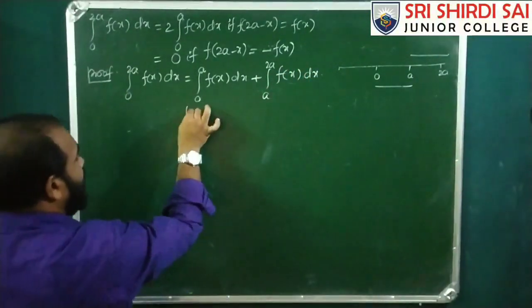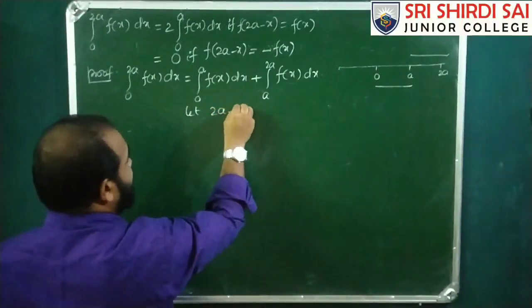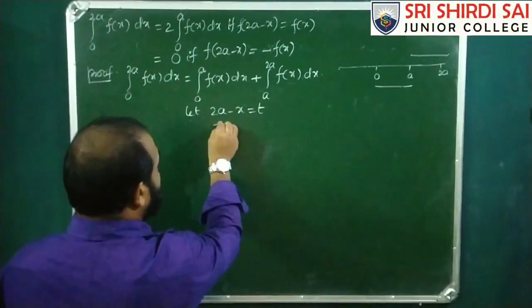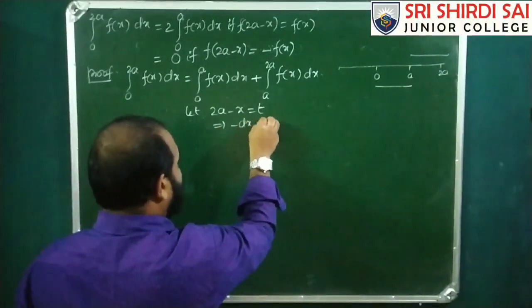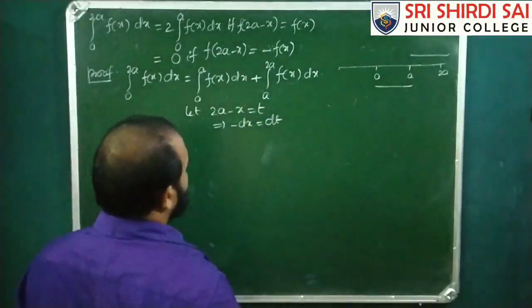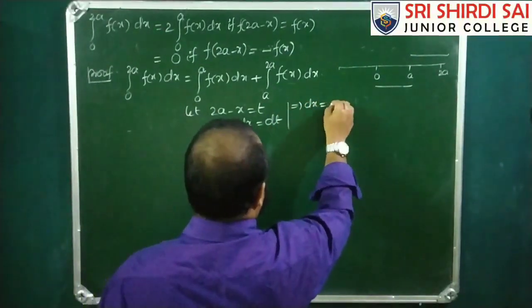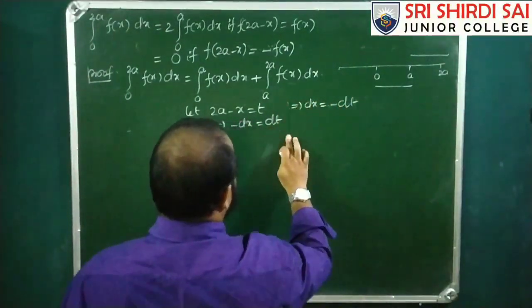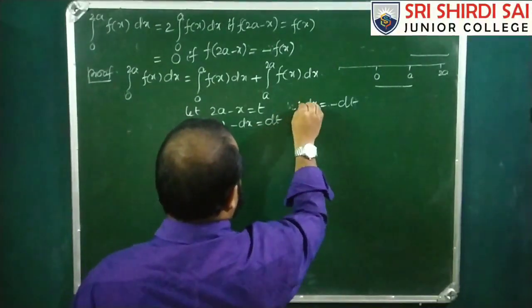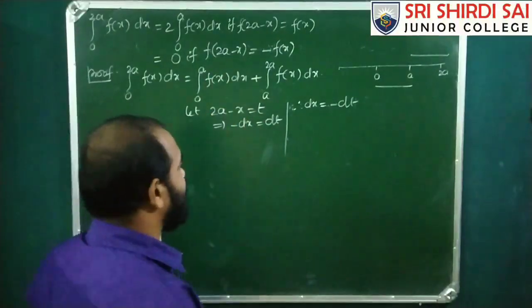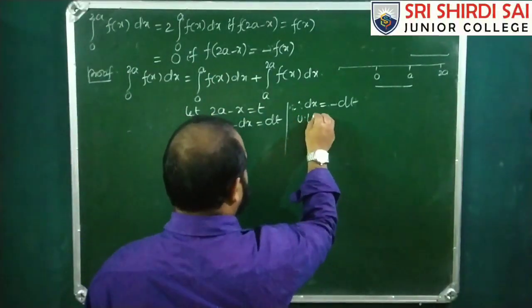So let 2a minus x be equal to t, I am replacing with. So that means minus dx equals dt. Therefore dx is equal to minus dt. Okay, and so we need to change the limits also, upper limit.